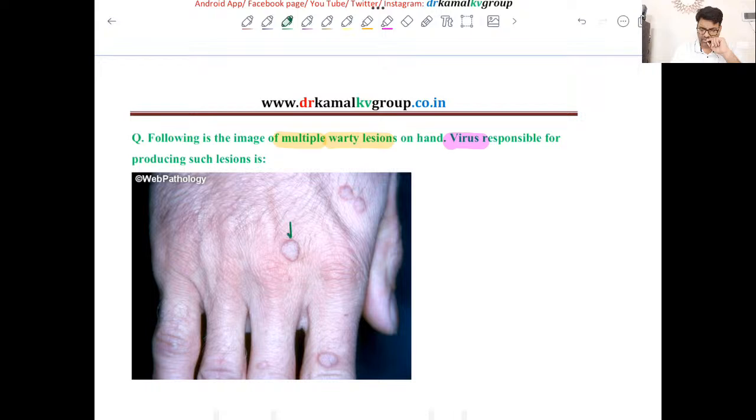So you can see here, which virus you can associate with this condition, which is shown in the image. Now, anyone tell me what condition actually this is? Then only it will be very easy for you to associate the virus with this skin condition. What condition is this?